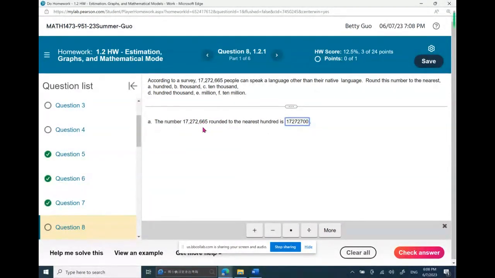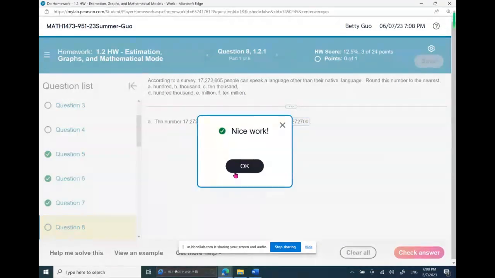If that digit is bigger than or equal to 5, we round it up. Since this 6 is bigger than 5, we round up. So 6 is going to become 7. So 65 is going to round up to 100. And now 100 added on top of the 600 gives us 700. Does that make sense? It is the basic rounding rule.